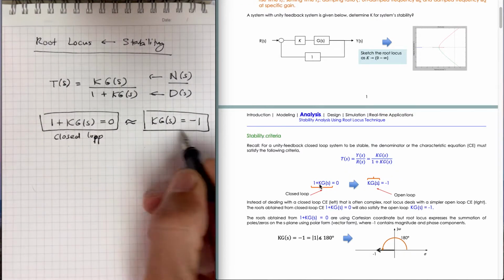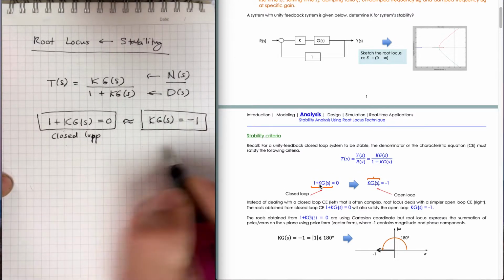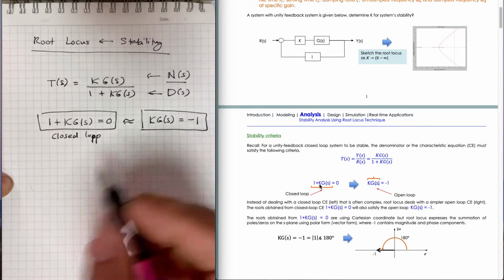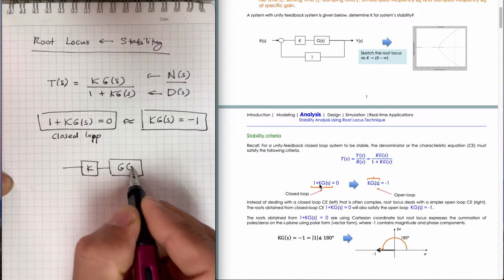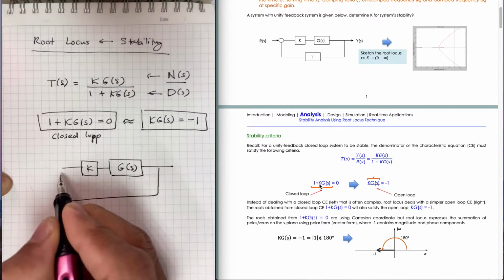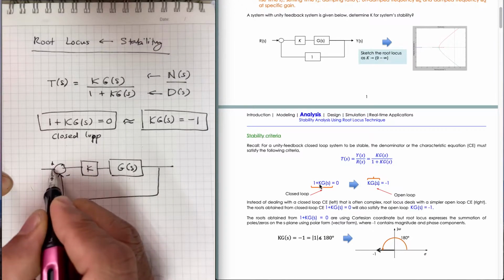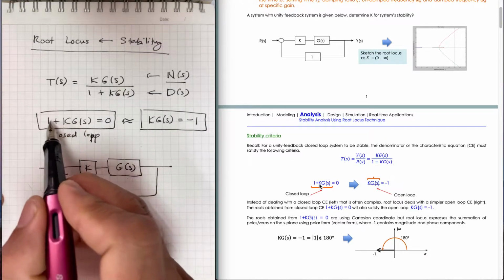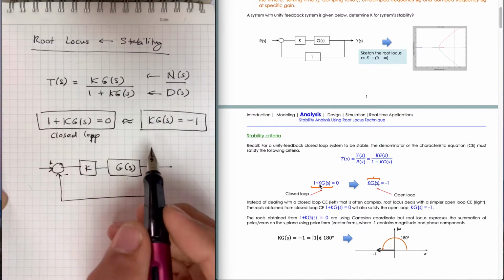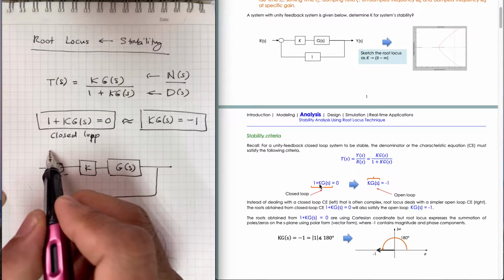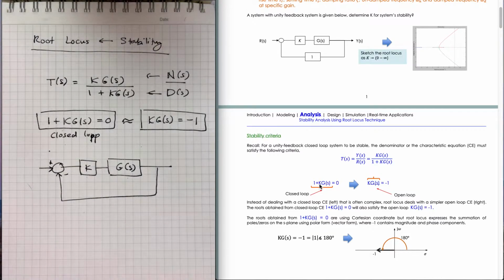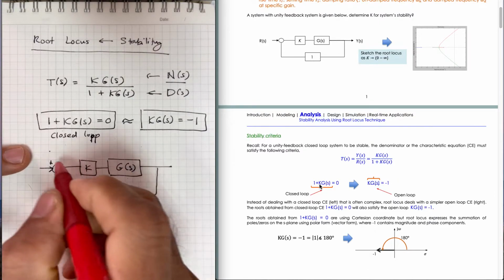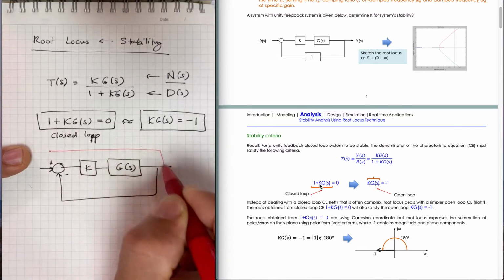They are equal, right? If we compare this with the control block diagram, this is our system. As you can see, this one, 1 plus KG(s), is the denominator of the closed loop system, the whole thing.